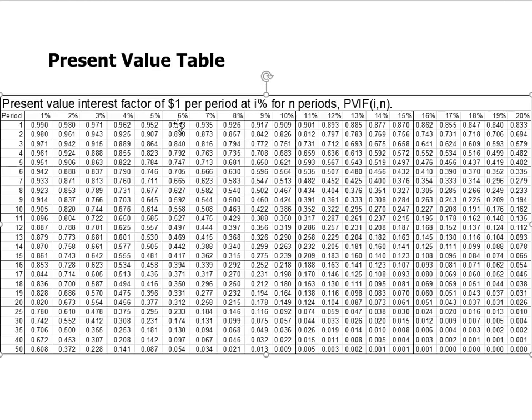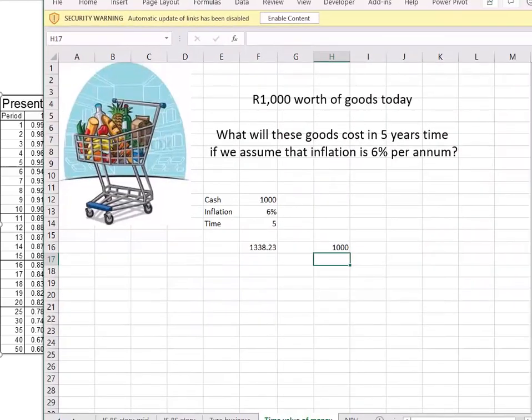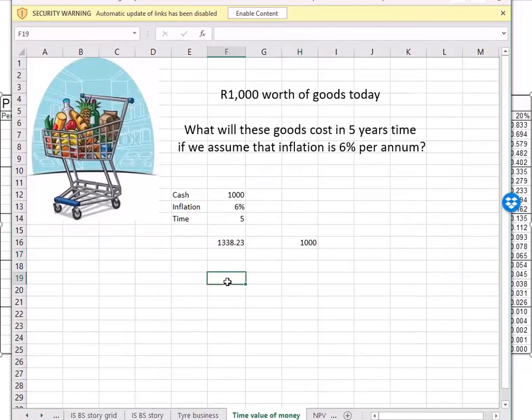if we discount our 1,000 Rand, or let's say 1,338 Rand, by 6% over 5 years, we would use this percentage here of 0.747. Let's do a quick calculation here.